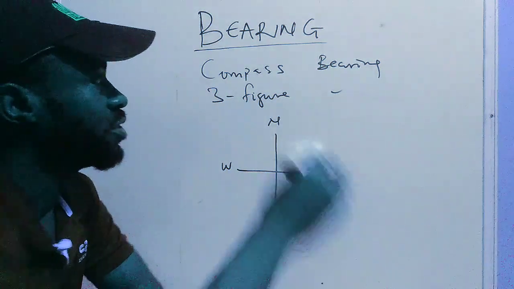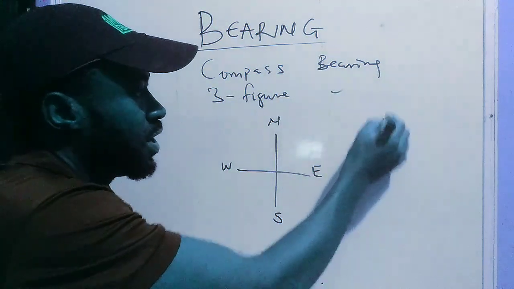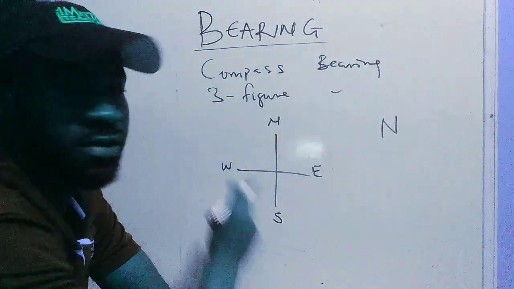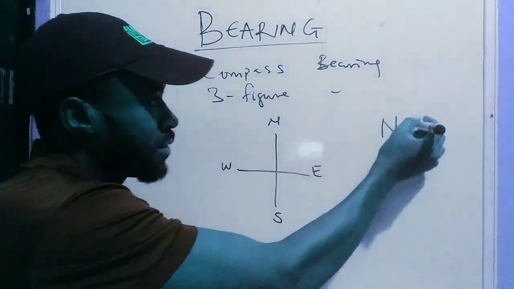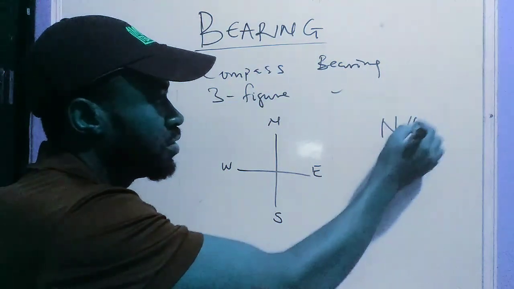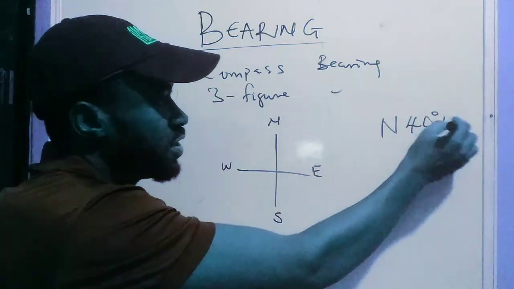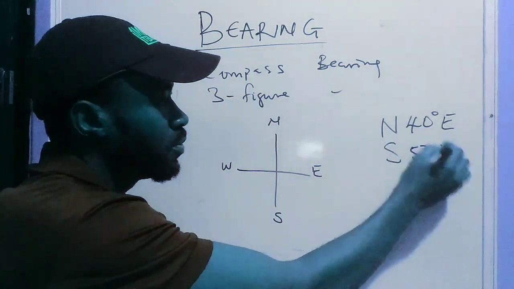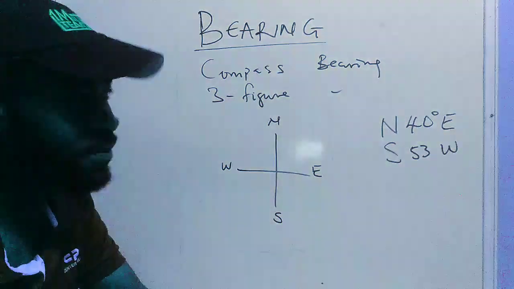Now, the compass bearing is a way of representing bearing using these cardinal points. It could be north 40-degree east or south 53-degree west, or something like that.